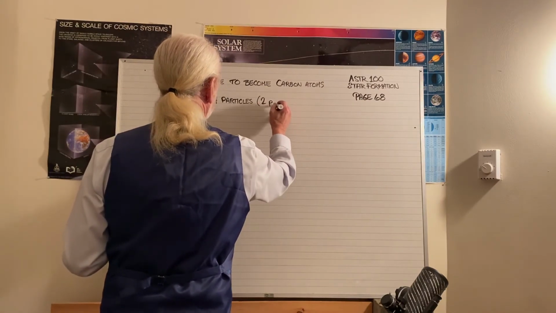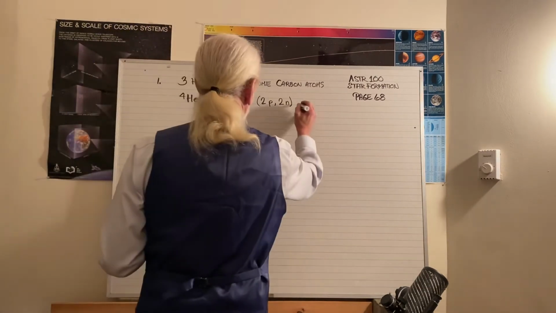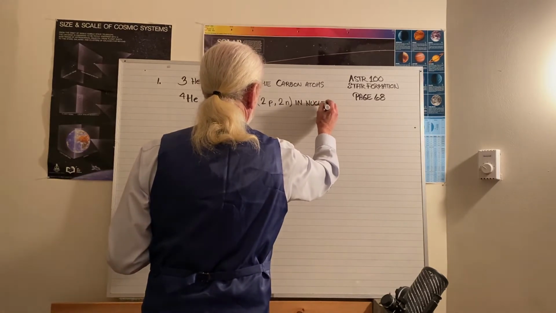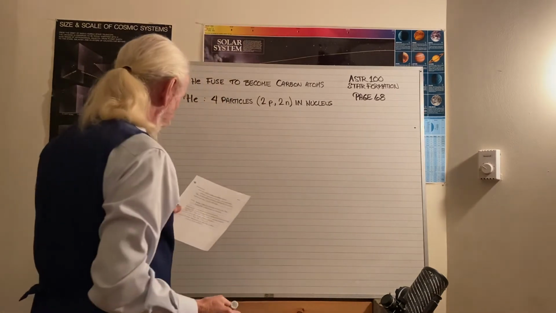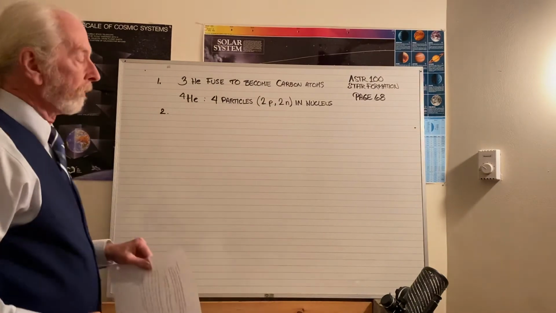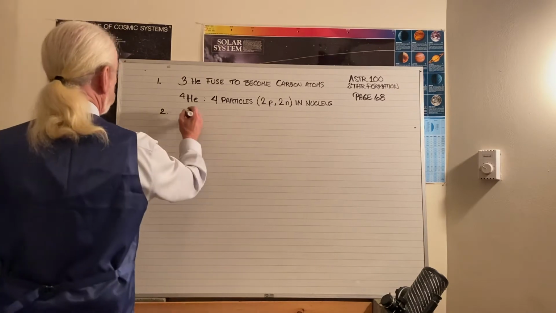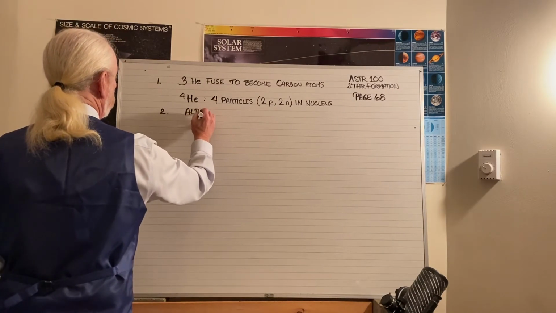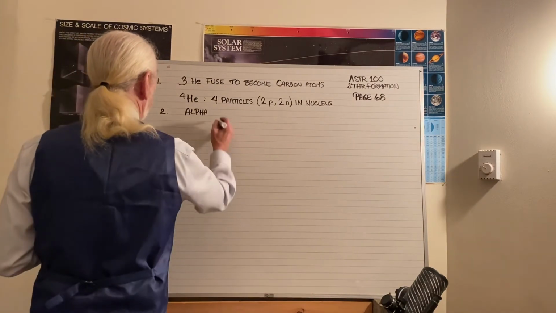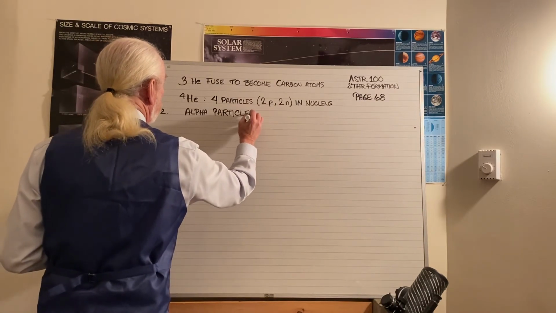Also, you should know that helium atoms, at least in astronomy land, are also referred to as alpha particles. Helium nuclei, rather. Helium nuclei are called alpha particles. All right.